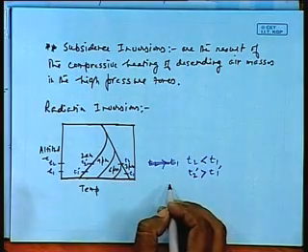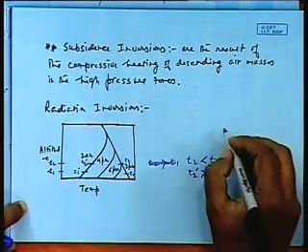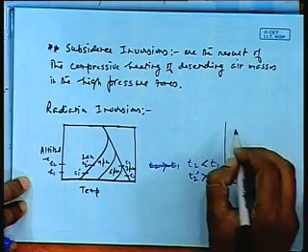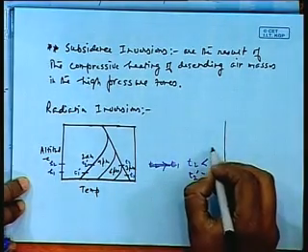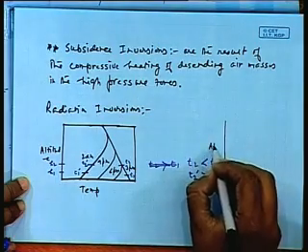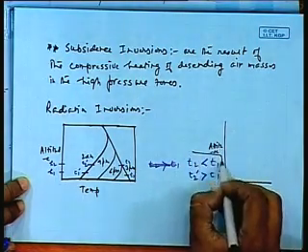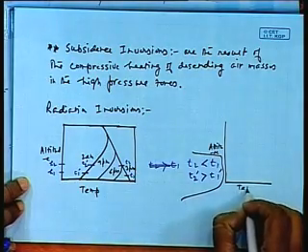There is another kind of radiation inversion that we generally observe. For example here, this is altitude and temperature.